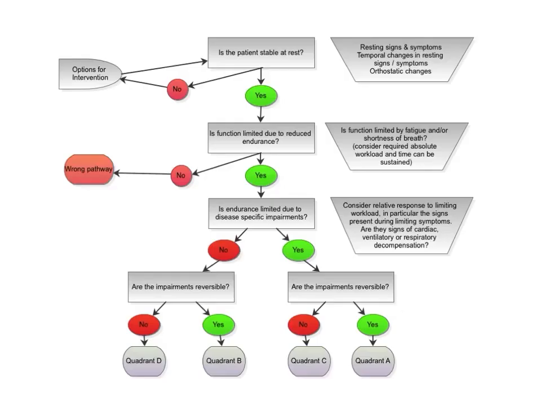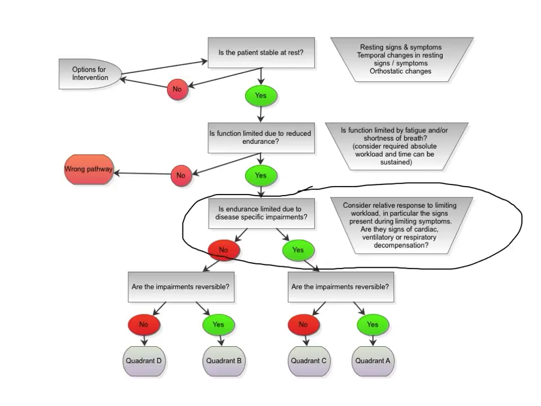So to take us back into the algorithm, we're sort of hanging out here in the meat of the algorithm still. This point here, this major break point, which, if you remember from the quadrants, really determines the right versus left column on the table, whether or not somebody has a disease-specific impairment that limits their endurance, or whether they do not.